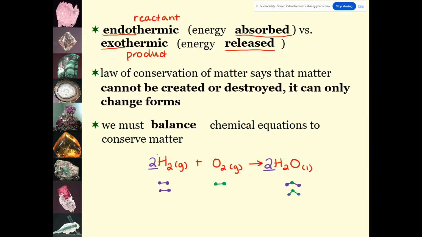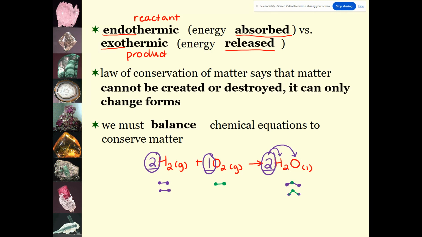So my balancing coefficient in front of my hydrogen gas is a 2, which means I have 2 of my hydrogen molecules. I can put a 1 or leave it blank in front of my oxygen because I only need 1 molecule of oxygen. And then that gives me 2 molecules of water. Okay, again, this 2, you multiply by everything written after it.